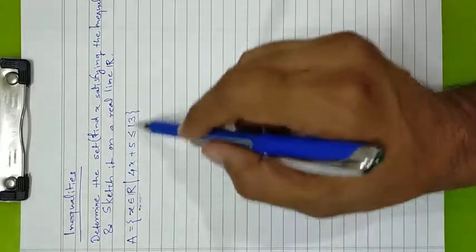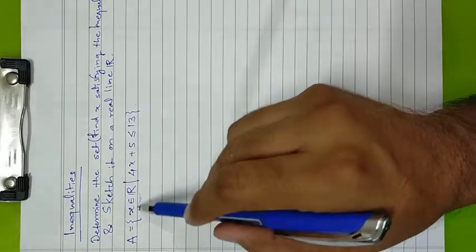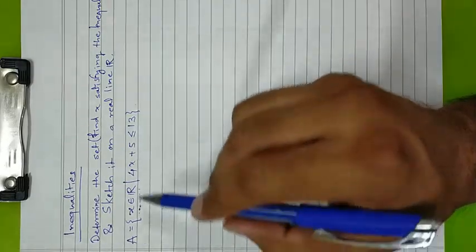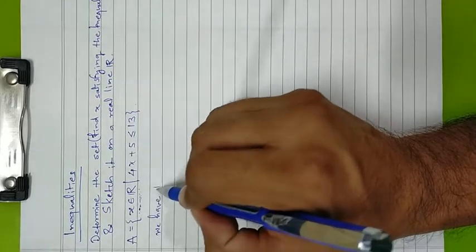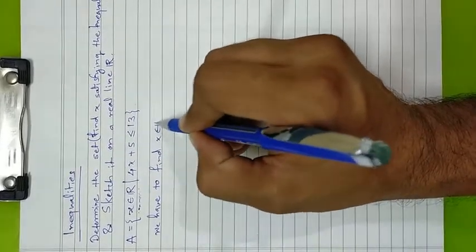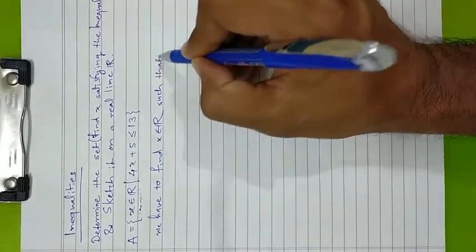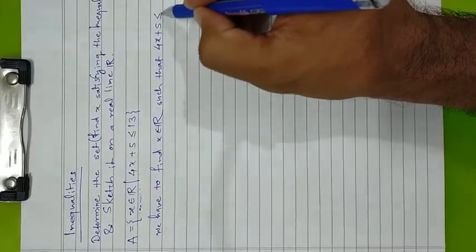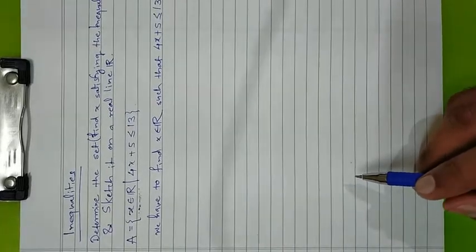We have to simplify this inequality so that we can get the values of x which are real numbers that satisfy it, right?